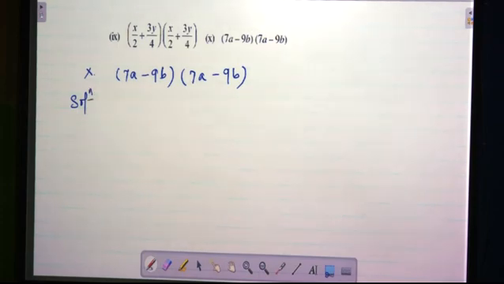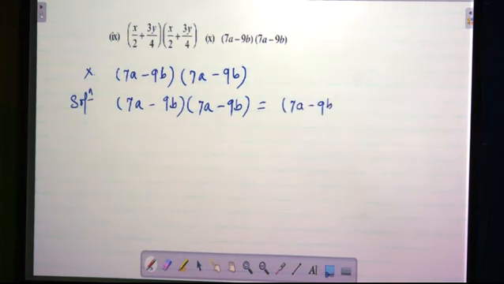Solution: 7a minus 9b into 7a minus 9b is equal to 7a minus 9b whole square.